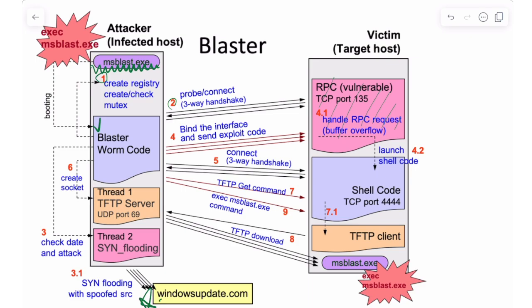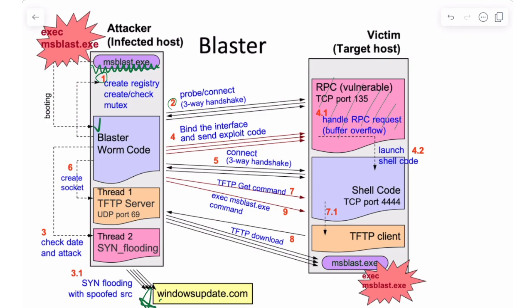It opens a port at TCP/135, which can accept requests from other machines. So basically, the blaster worm code will randomly select 20 IP machines on the internet and try to connect to the vulnerable RPC service. That's step number 2.